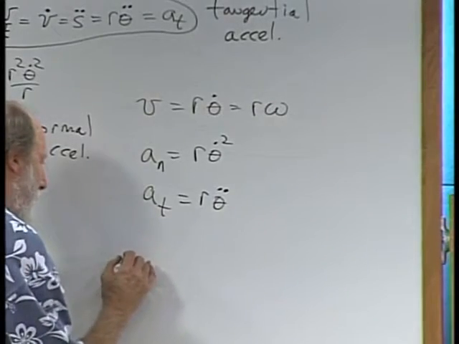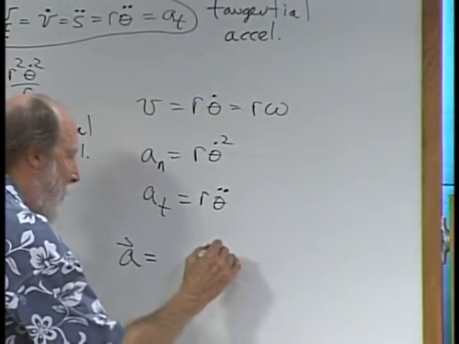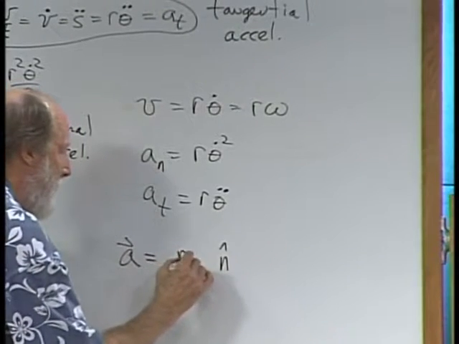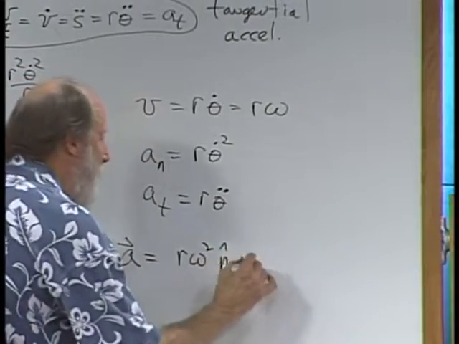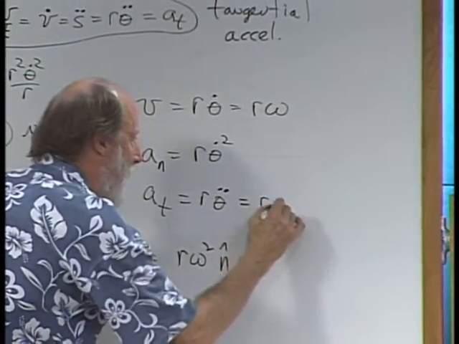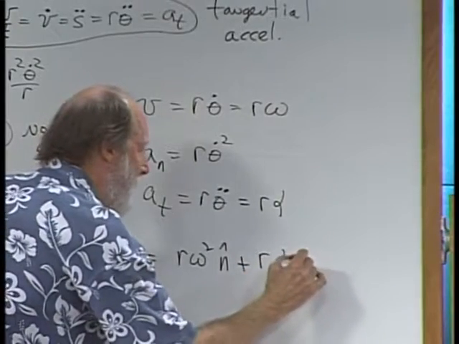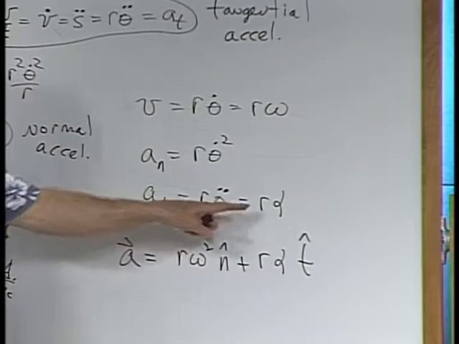So the true acceleration vector in circular motion has a normal component of r omega squared, and a tangential term of r alpha, to replace theta double dot.